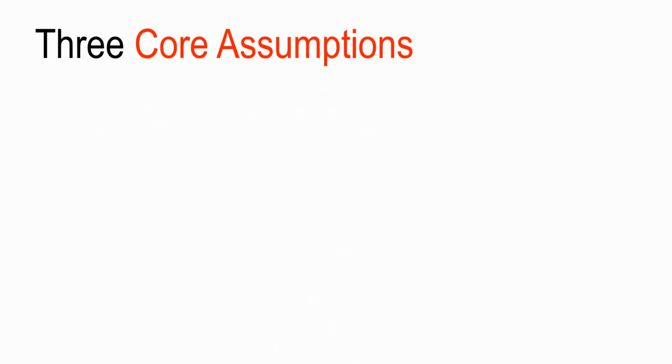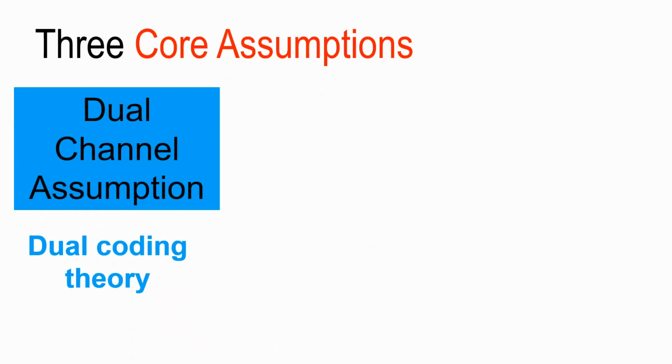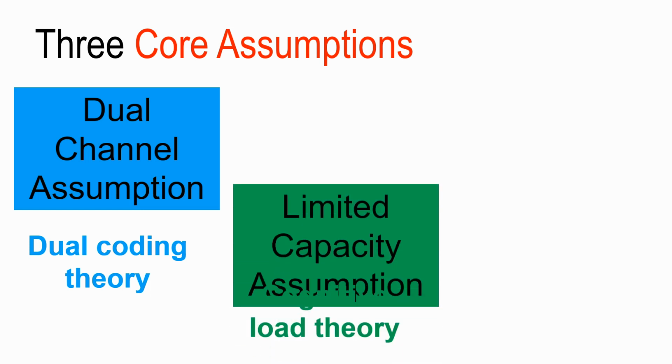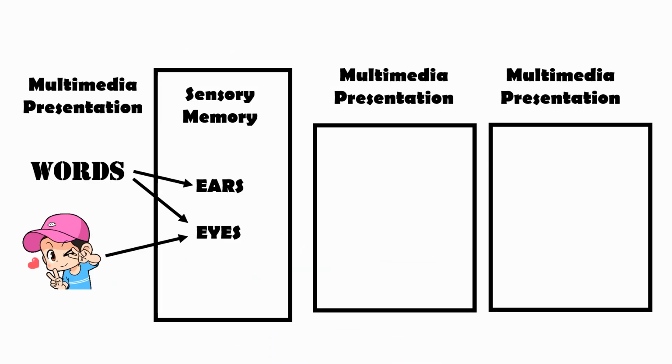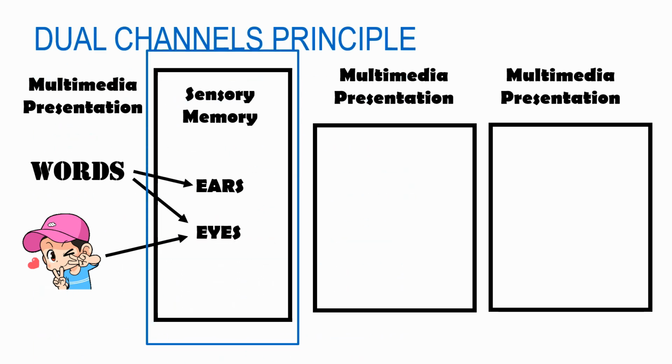Mayer's cognitive theory of multimedia learning makes three assumptions about how humans process information: the dual channel assumption, the limited capacity assumption, and the active processing assumption. Let's take a closer look at each of the multimedia learning principles. According to Mayer, the dual channel assumption dictates that humans possess separate channels for processing visual and auditory information.